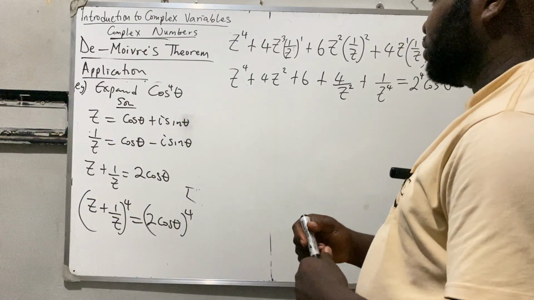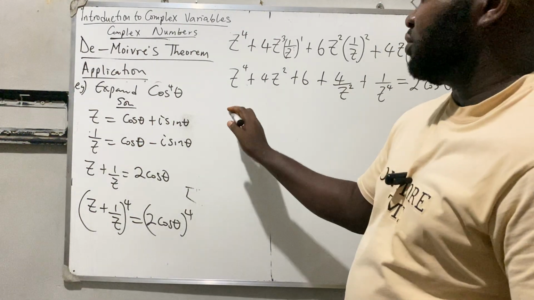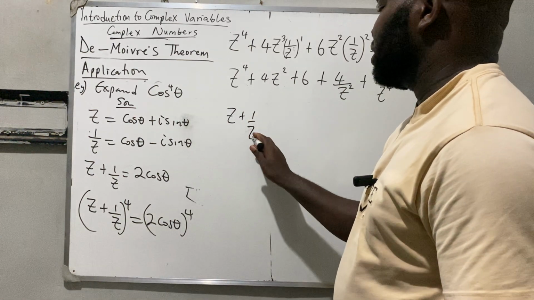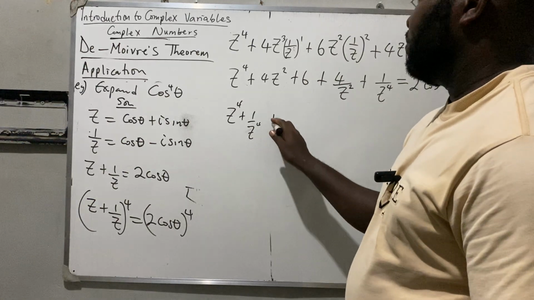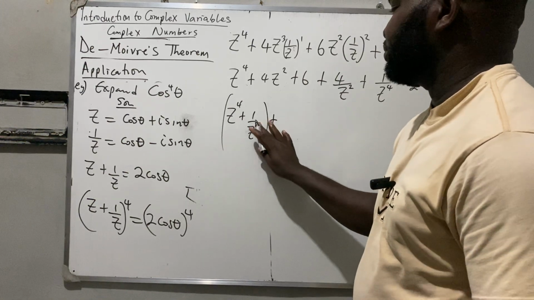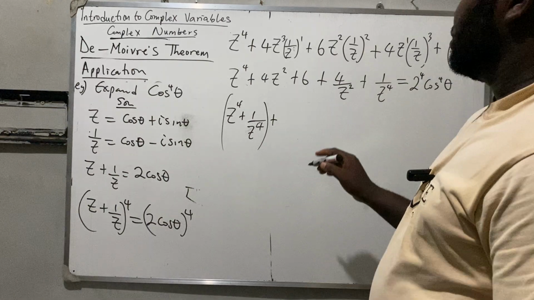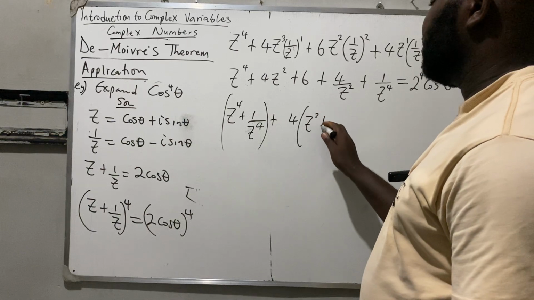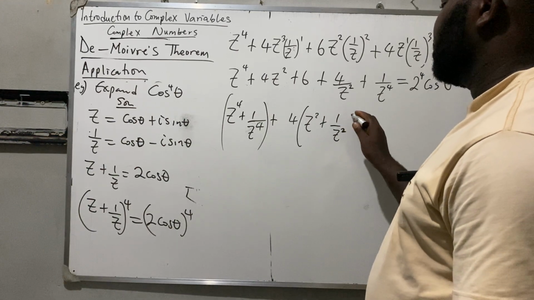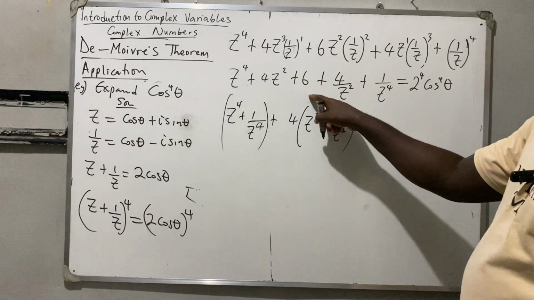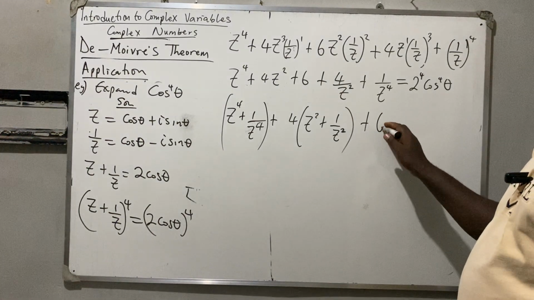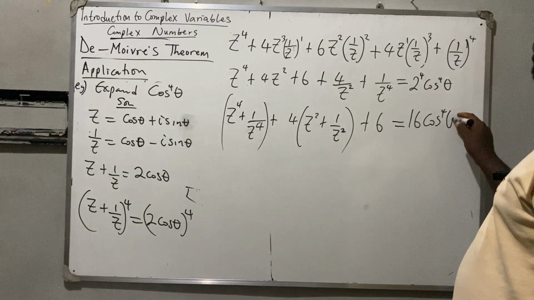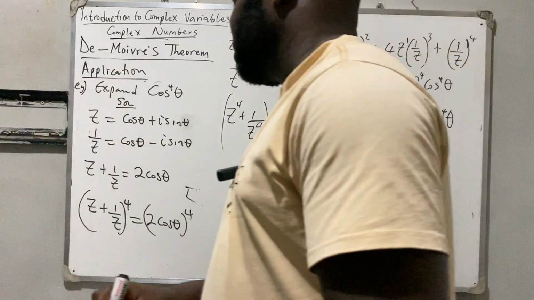I'm going to have z raised to power 4 plus 1 over z raised to power 4, plus 4 into z squared plus 1 over z squared, plus 6, is equal to 16 cos to the power 4 theta.